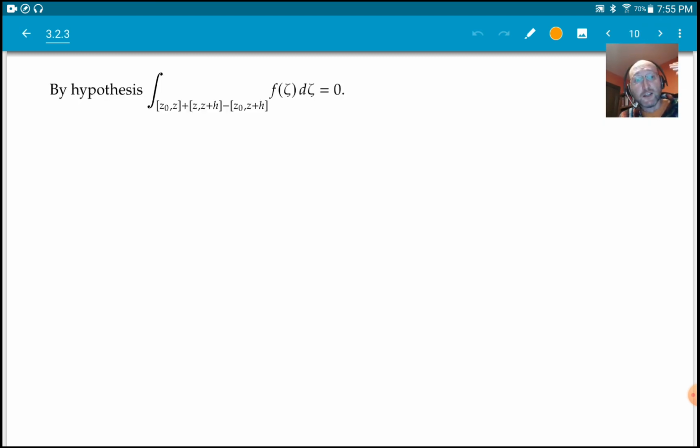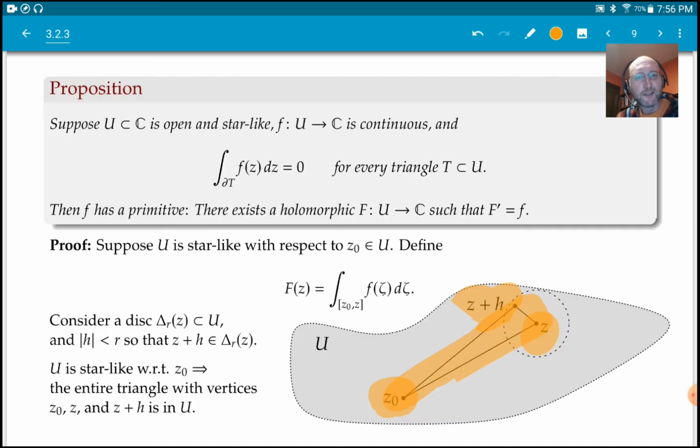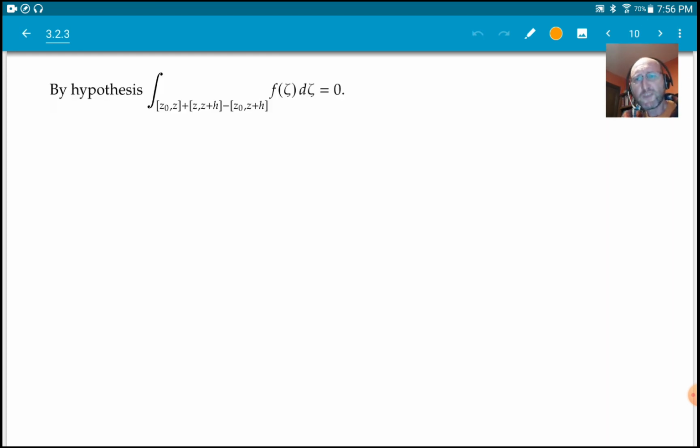Now, by hypothesis, what was the hypothesis? For every triangle T, the integral is 0. That's how I write the boundary, the non-solid triangle.